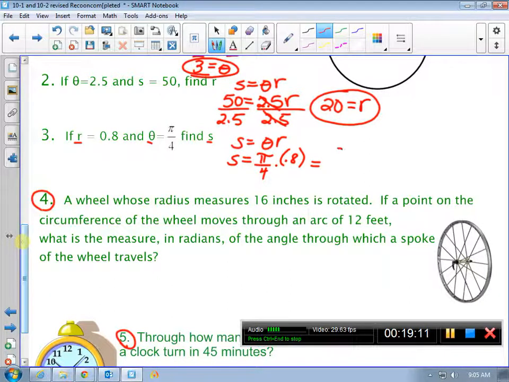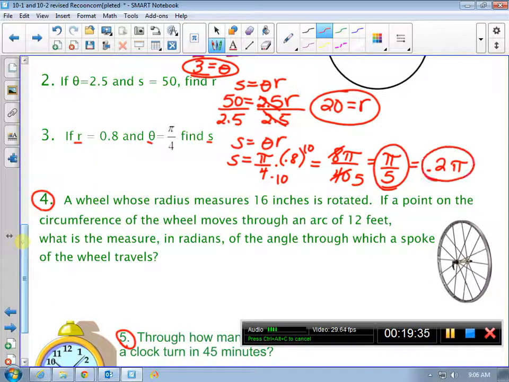I'm going to multiply top and bottom by 10, so I get 8 pi over 40. Not loving that decimal. All right, and then that is pi over 5. And you might have had 0.2 pi as well. Pi over 5 is 1/5 pi. And that's the same as 0.2.